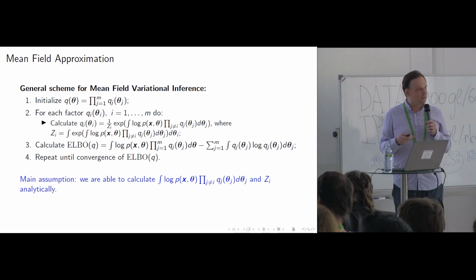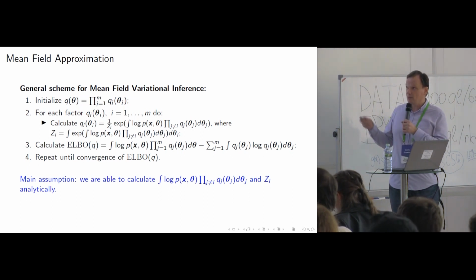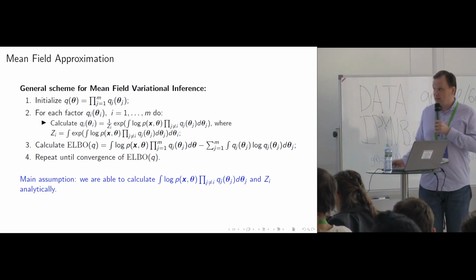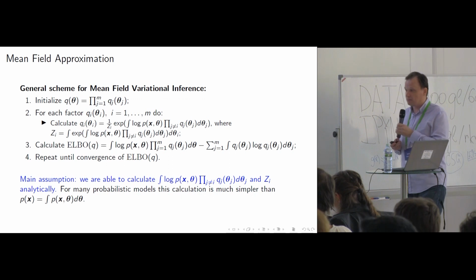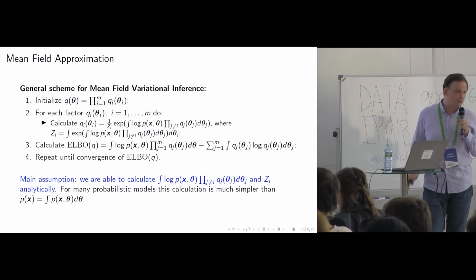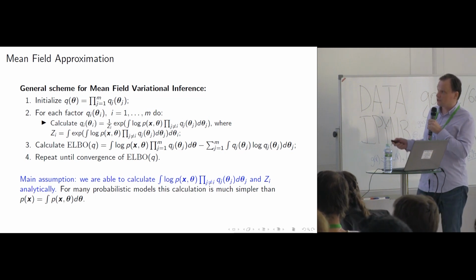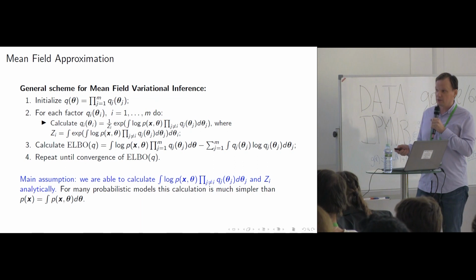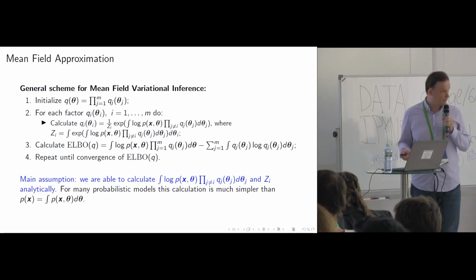How is it possible that we can't calculate the true posterior distribution, but at the same time, we are able to run this algorithm? And the answer is that, yes, there are a lot of situations in many probabilistic models where calculation of such integrals is much, much simpler than the calculation of an integral of this kind.